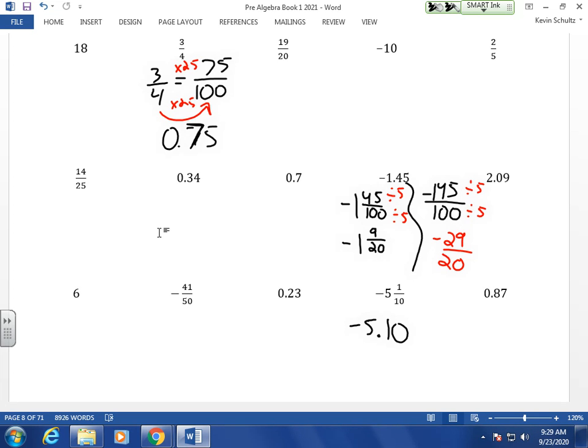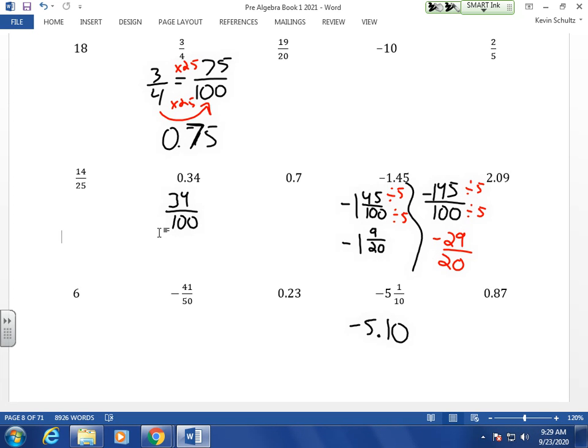So, yes, question? Sure, yeah, go ahead. So for this one going to a fraction, 0.34 or 34 hundredths, you're going to start by writing that fraction, 34 hundredths, and then simplifying.